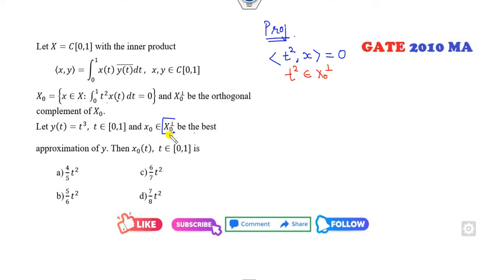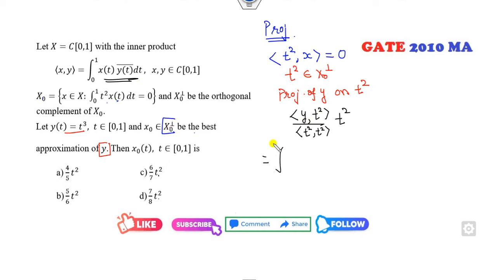Fine. Then the best approximation of y means my target is to find the projection of y. What is y? It is t cubed on elements of this. So how can I write that? It's the inner product of y comma t squared, divided by the inner product of t squared with itself, into t squared. So we can see firstly it's all t squared, so I can simplify this. What is the definition here?